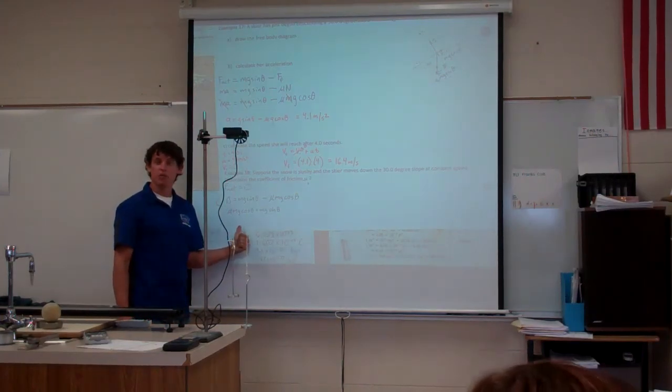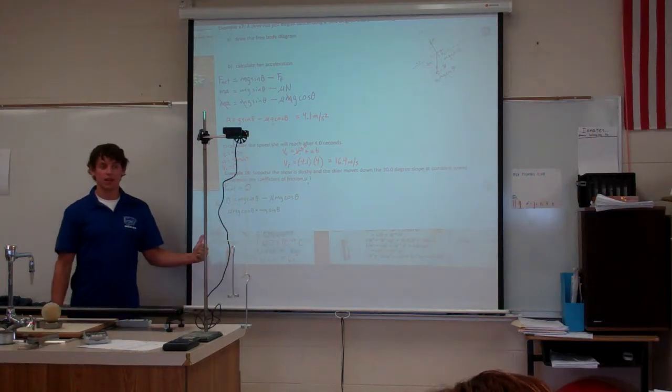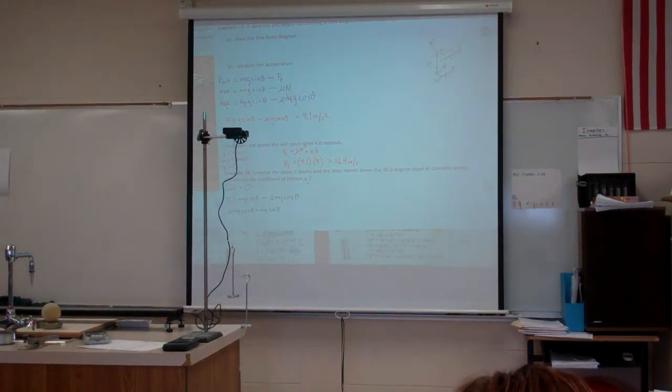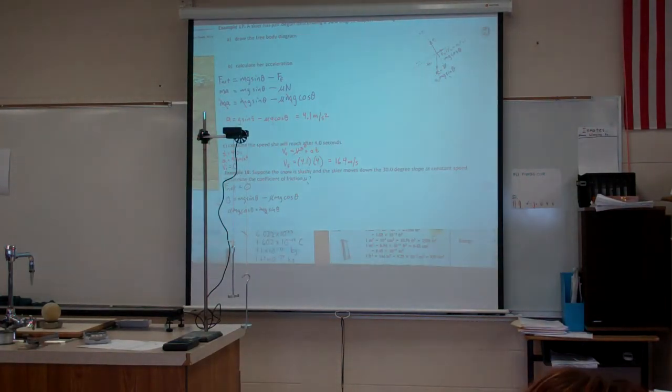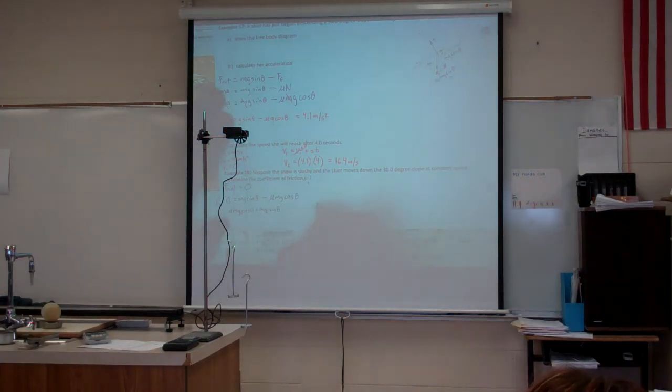Now this time we get to cancel even more than last time. The m goes away, but what else goes away? So does the g. This whole thing goes away. So if I solve that for mu, which is what we want to find, mu is equal to sine theta over cosine.